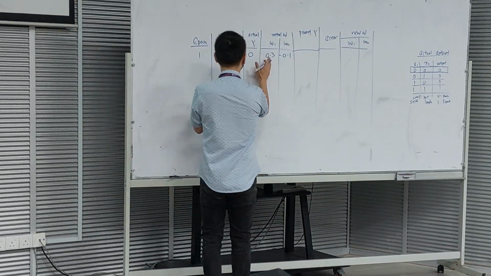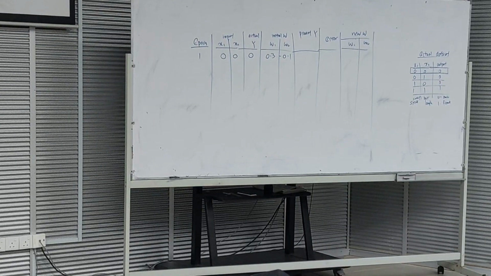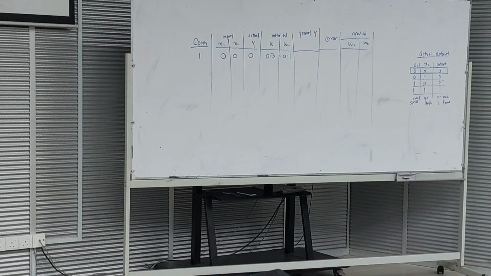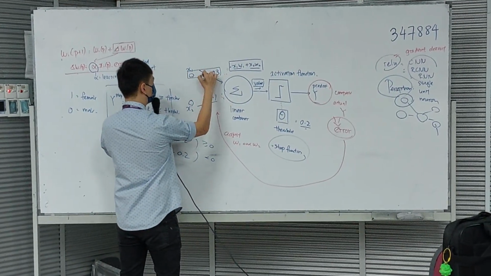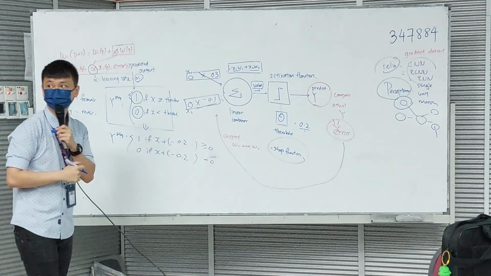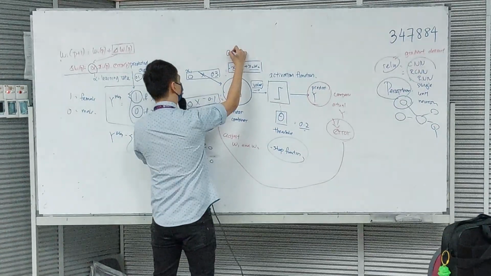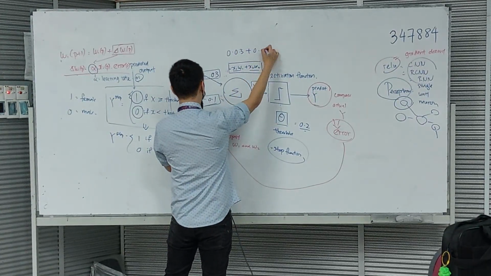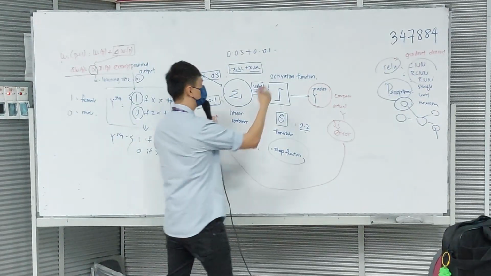So what we'll do here is take these values: 0, 0, with weights 0.3 and negative 0.1. We use 0 multiply 0.3 plus 0 multiply negative 0.1. You get 0, right?